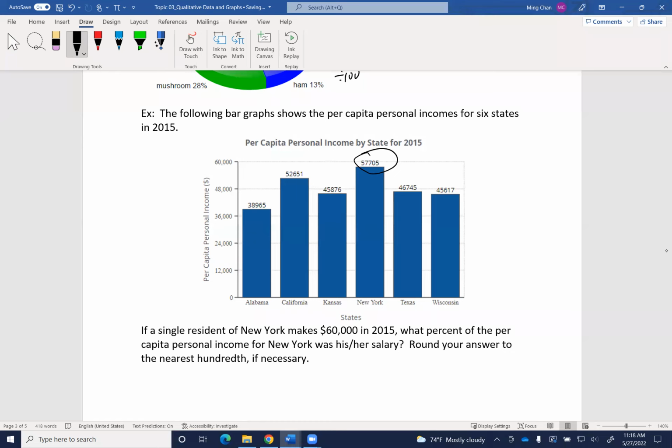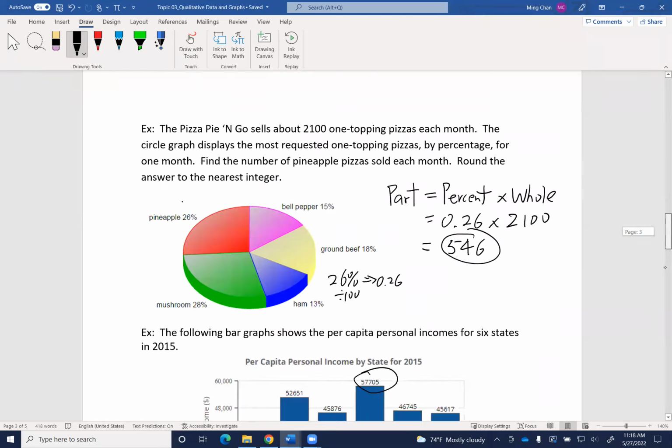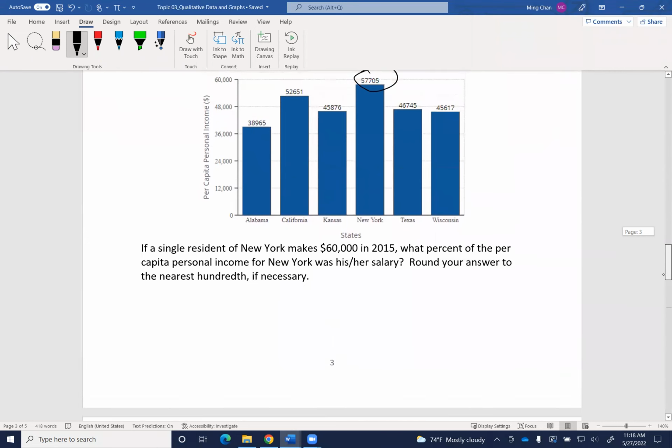The 60,000 is a little bit more than 57,000, so your 60,000 in terms of percent is going to be over 100%. The question asks, what percent of the per capita personal income is this resident?